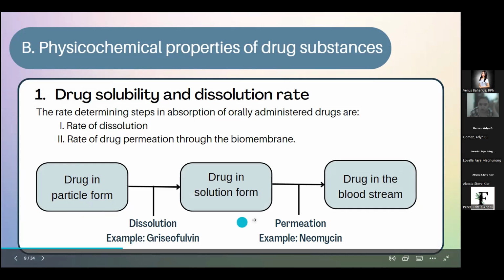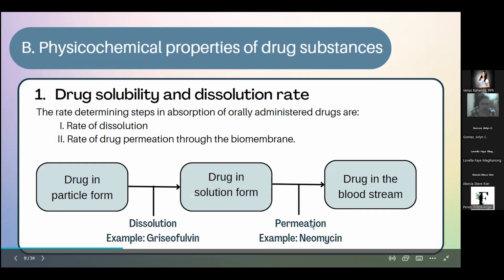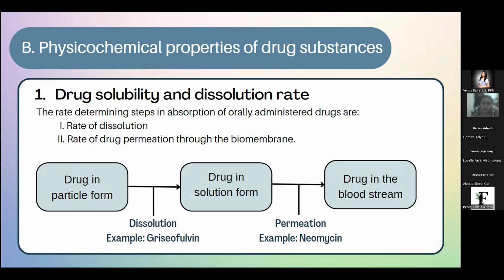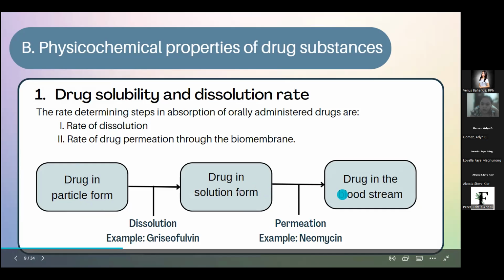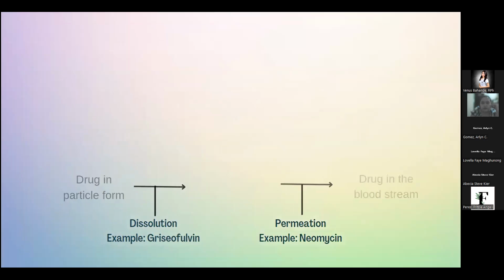And we also have neomycin, which is in solution form. In order for it to be absorbed in the bloodstream, it will undergo permeation. An important prerequisite for absorption of a drug is that it must be present in aqueous solution, and this depends on drug aqueous solubility and its dissolution rate.